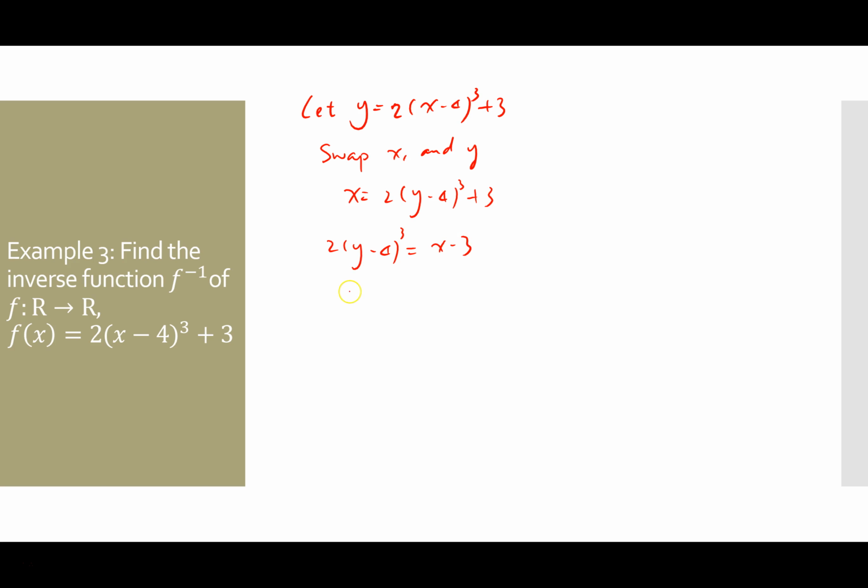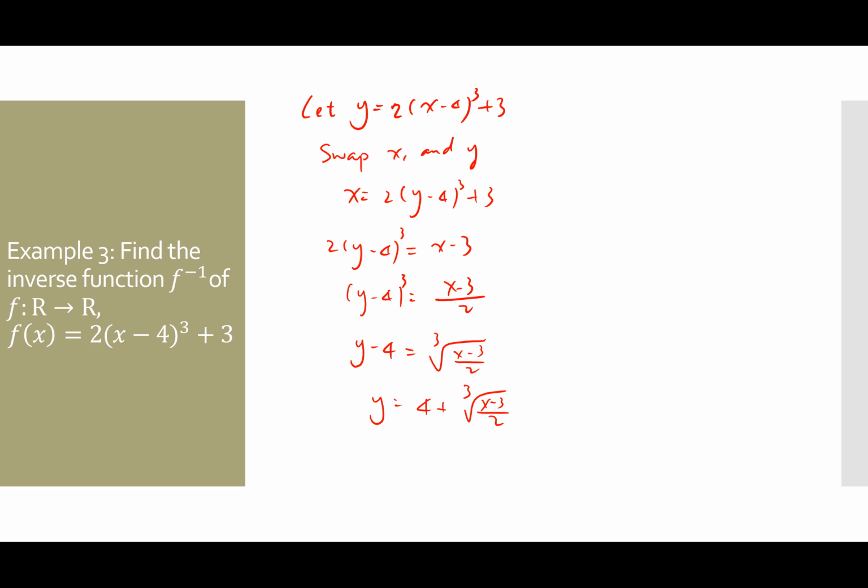Then divide by 2 on both sides, and you will have this. Then you cube root both sides: y minus 4 equals the cube root of (x minus 3) over 2. And then y equals 4 plus the cube root of (x minus 3) over 2.